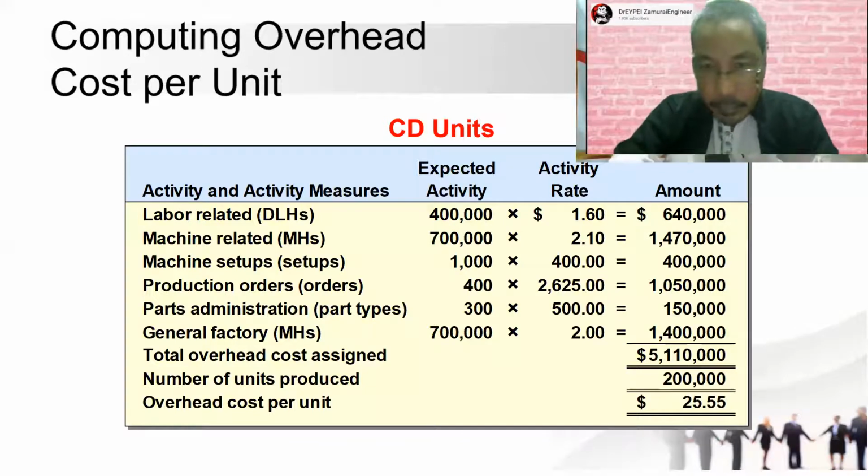So each and every one of these has an activity rate, meaning the cost per unit, no? What is the activity rate for the first one? That is labor hours, that is $1.6, which is similar to the example for DVD. $2.1 for the second one, and $400 for the third one.